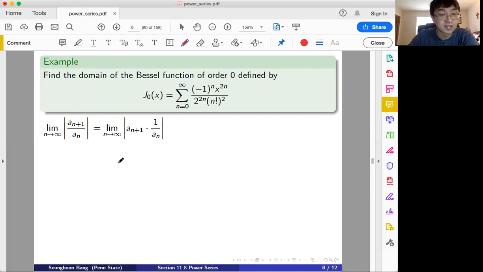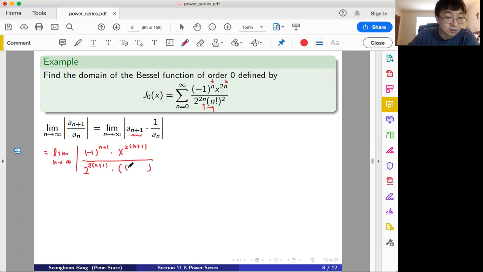You can change it like this. This is the same as here. This is the limit as n approaches infinity. You can plug n plus 1 into n. So we have (-1)^(n+1) times x to the, be really careful, 2 times parentheses n plus 1, over 2 to the 2 times n plus 1, times n plus 1 factorial squared.